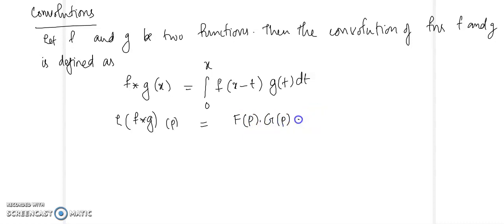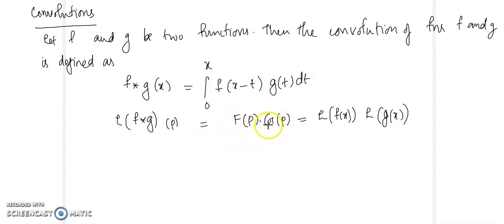So this is equal to the Laplace transform of f of x into the Laplace transform of g of x. If you have a convolution of two functions, f star g, then the Laplace transform of f star g will be the Laplace transform of f into the Laplace transform of g. So let us look at the proof of this.